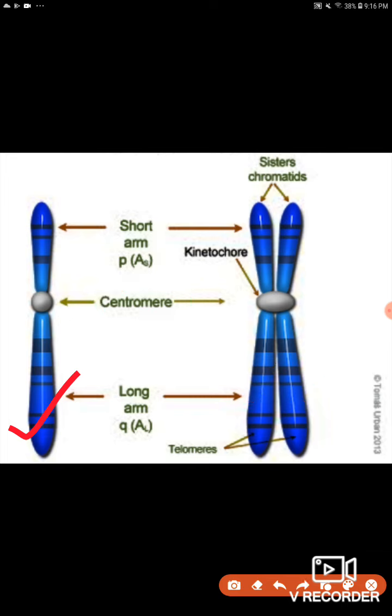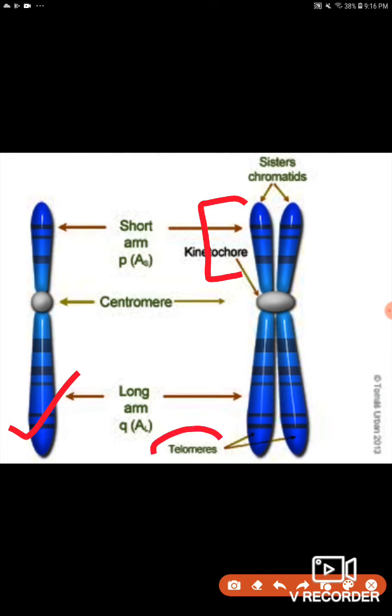So you can say that in one chromosome there are two sister chromatids. A chromosome has two arms. The upper one is called the short arm, or P arm, and the lower one is called the long arm, or Q arm.